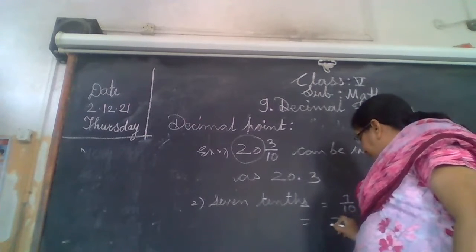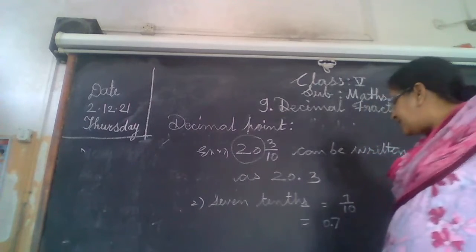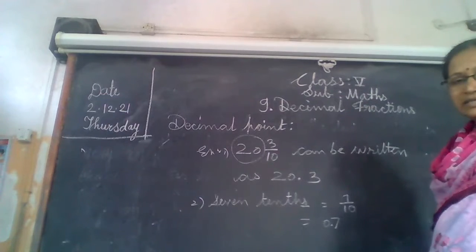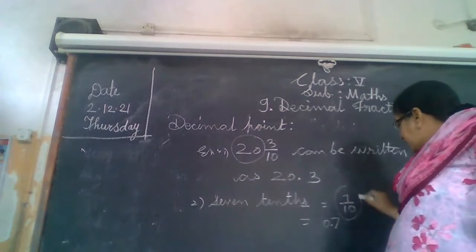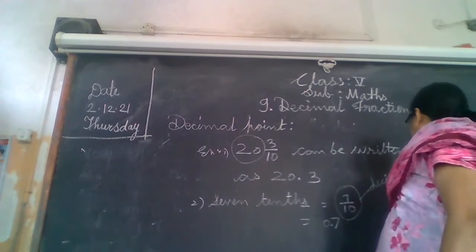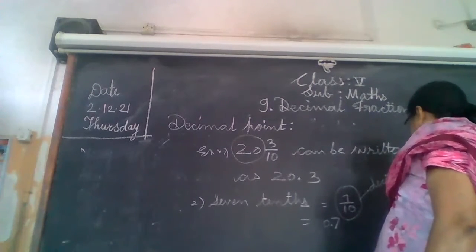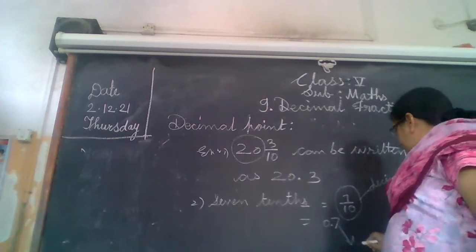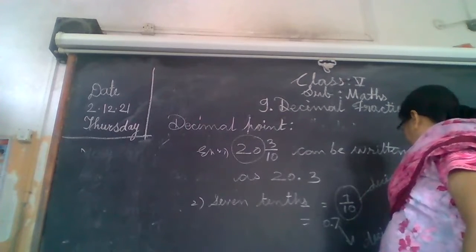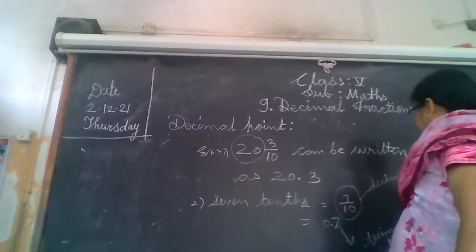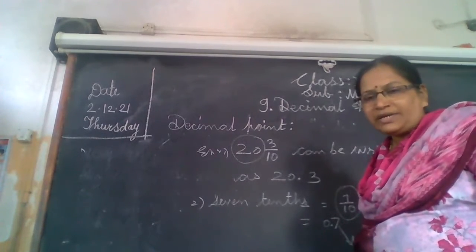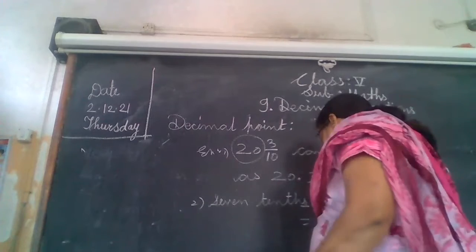So put the decimal point after 1 place. So 7/10 can be written as 0.7, or you can write 7 upon 10. So it is what, in a decimal fraction? It is written as a decimal number. Whenever the word fraction comes, it has a numerator and denominator. Got it, beta?